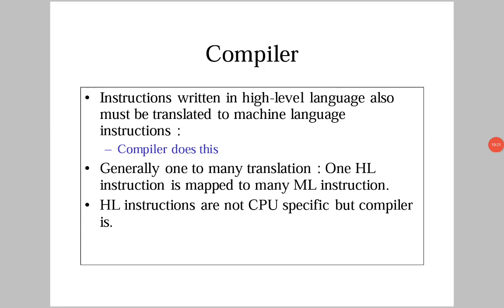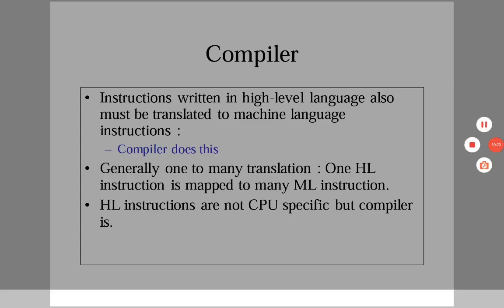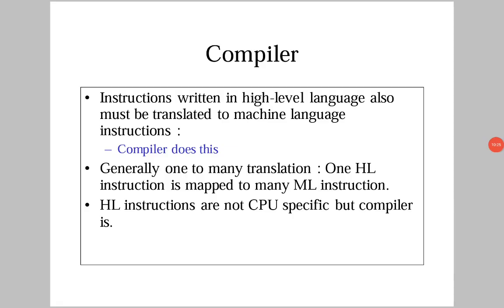Next is the compiler. What is a compiler? Compiler is also one of the translators, generally used to translate any high level programming language into equivalent machine language or binary language.